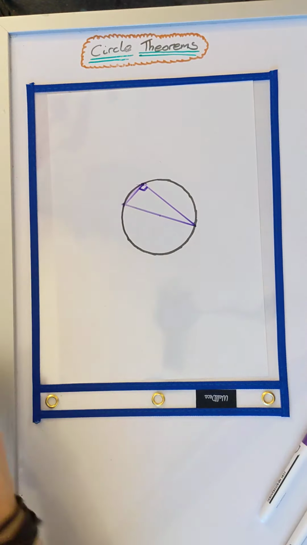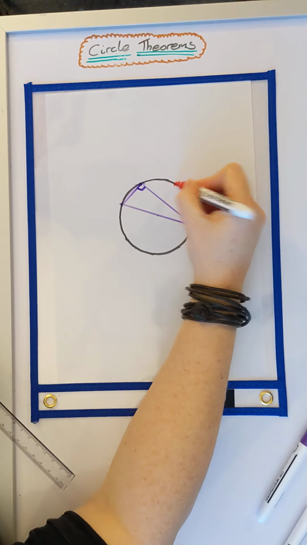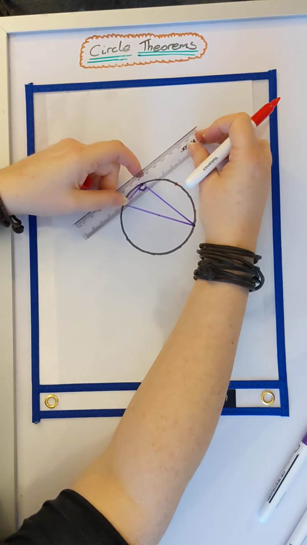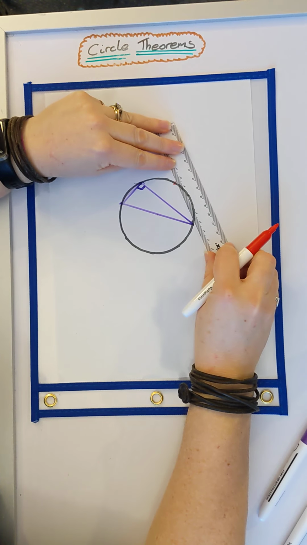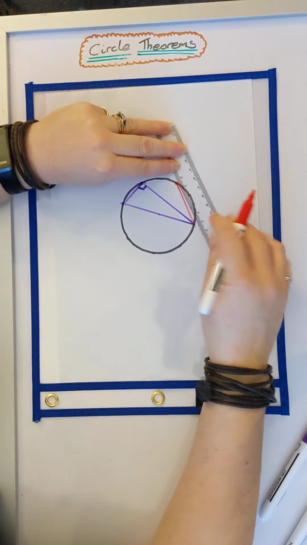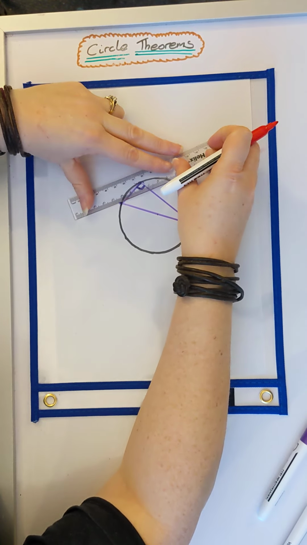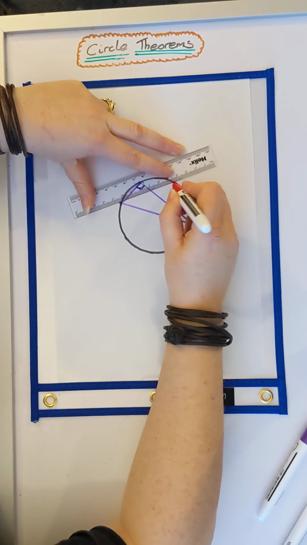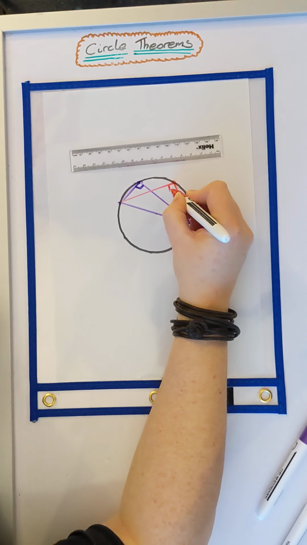So if I chose a point that was here, I'm still going to get 90 degrees. So to the same two points, using the same diameter, any third point on a circle will form a 90 degree angle.